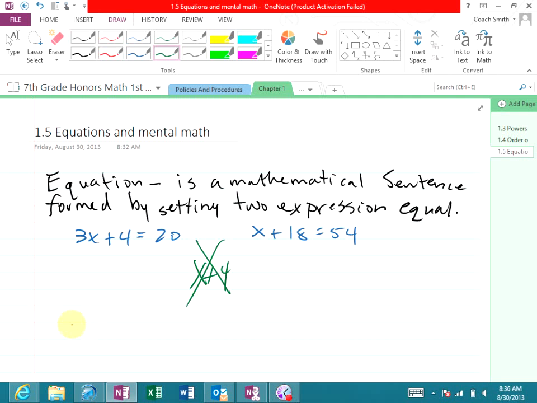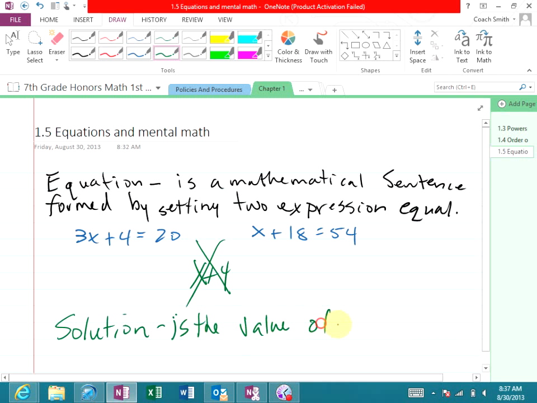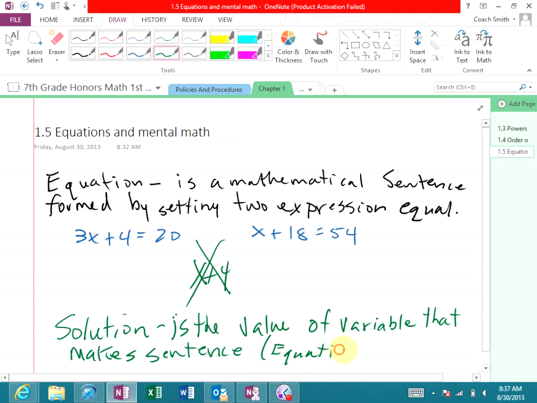Now, here's the next word. The next word we need to look at is solution. Now, the solution is the value of the variable that makes the sentence, also known as the equation, true.